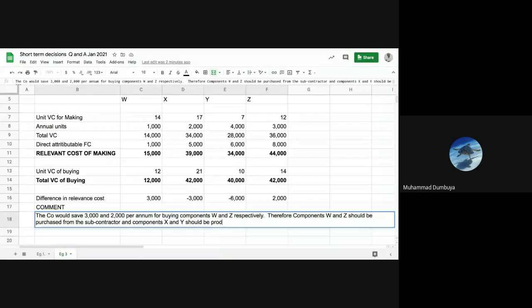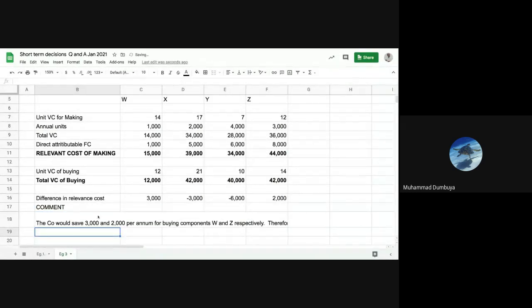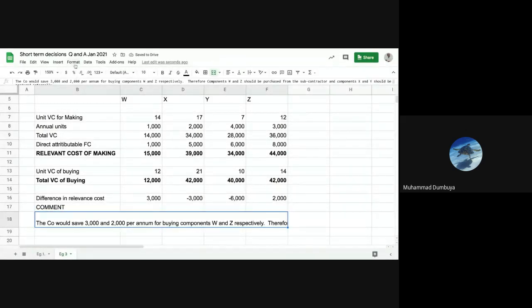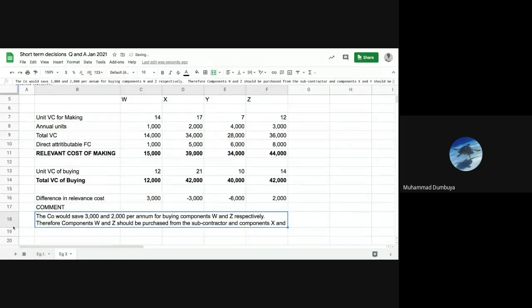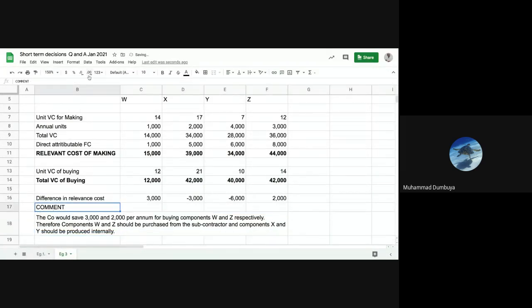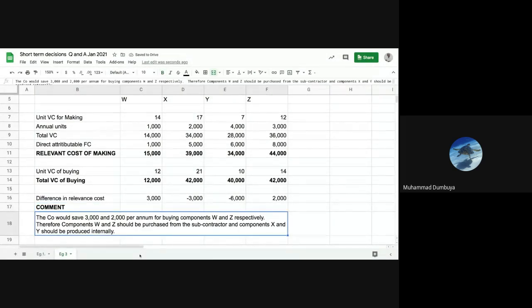So this is exactly what we are saying. I'm going to wrap this as well so that it can fit in here. So this is the way the comment is going to look. I'm going to make the comment bold. Right, so this is the way our question is going to be answered.